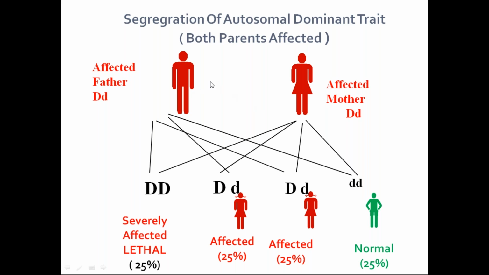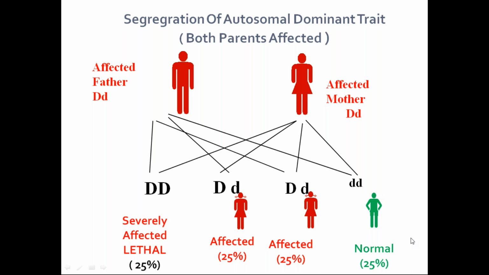If both mother and father are affected, how is the presentation of an autosomal dominant condition? Here the father is affected with capital D, and the mother is also affected with capital D. Some children are severely affected and lethal, and that child is lost. This is 25% of cases. Others have moderate symptoms, both sons and daughters affected, and only 25% escape from the disease.